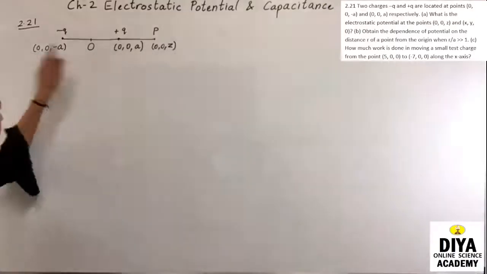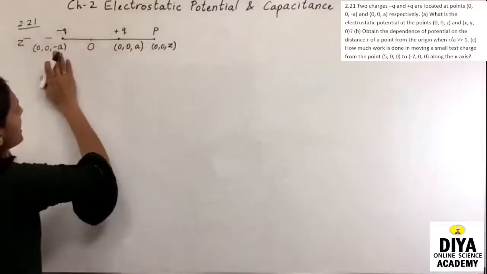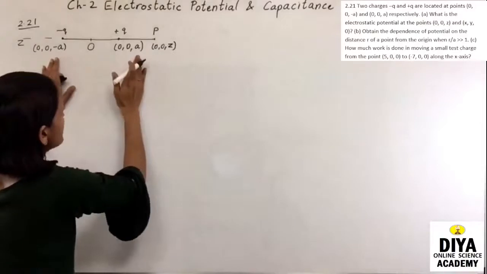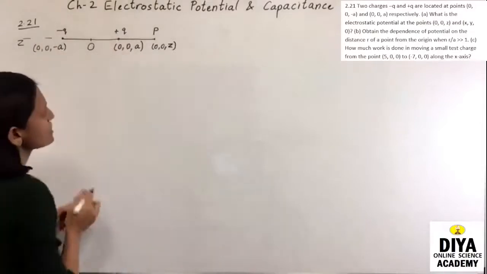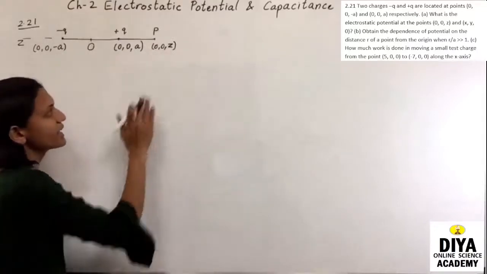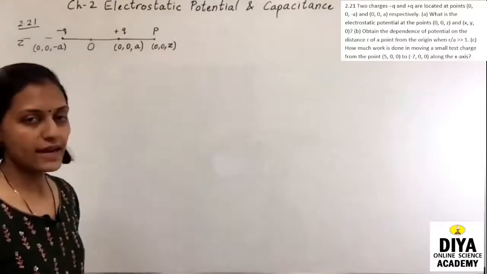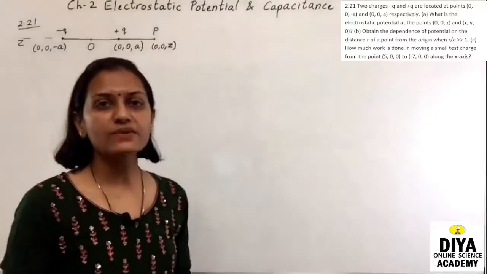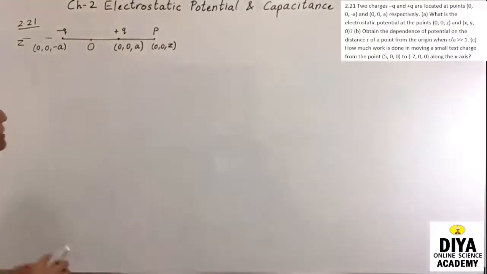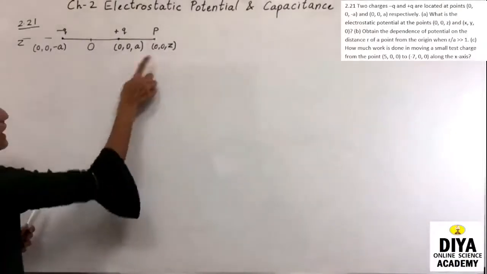So here let us consider that this axis is the z axis, and on that at points which are at minus A and plus A distances, two charges plus q and minus q have been placed, and we have to find out the electrostatic potential at 0, 0, z and at point x, y, 0, that means on the bisector equator. So first let us find out the electrostatic potential at this point.